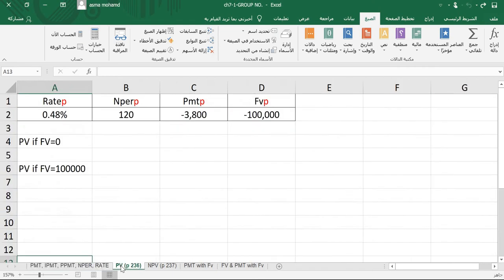Now let's move to the present value. Suppose your client is thinking of investing in some assets, and she needs 400,000 riyal, and she wants to have a loan for 10 years. 10 years means 120 months, and the monthly rate is 48%.